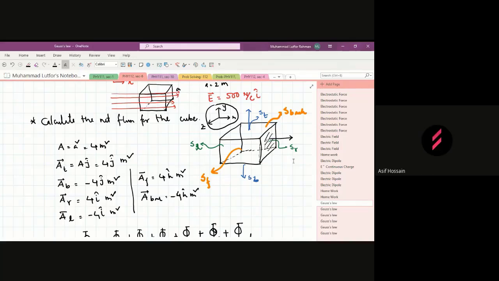But what about, sir, for a 2D plane? Yeah, exactly. So you can consider this 2D plane. That could be possibility in that direction, and it could be also downward direction. So that depends.